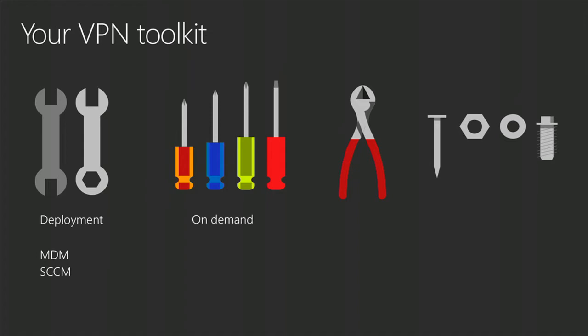The second tool set is on demand. Traditionally, if you think about VPN in the old days, your users would have to go to their settings page, navigate to VPN, find the VPN connection they need, and manually click connect when they've identified that they need to be accessing a corporate resource.